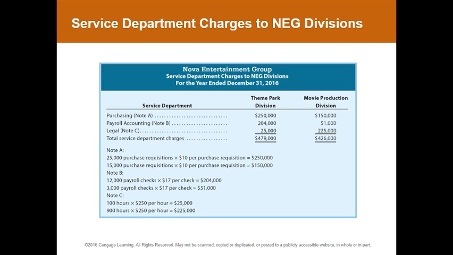They are done by taking how many requisitions or payroll checks or hours each department consumed and multiplying that by the rate per activity. We then can allocate this on the actual usage.